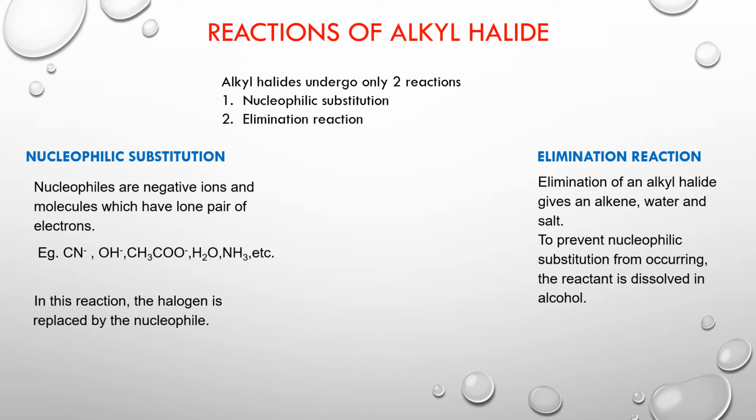You will see when we look at the examples that the reactions are almost the same as nucleophilic substitution. Sometimes you will use the same reactants, but the reactions will be different. Now to prevent the nucleophilic substitution reaction from happening, the reactant we use in elimination has to be dissolved in alcohol. That is very important.